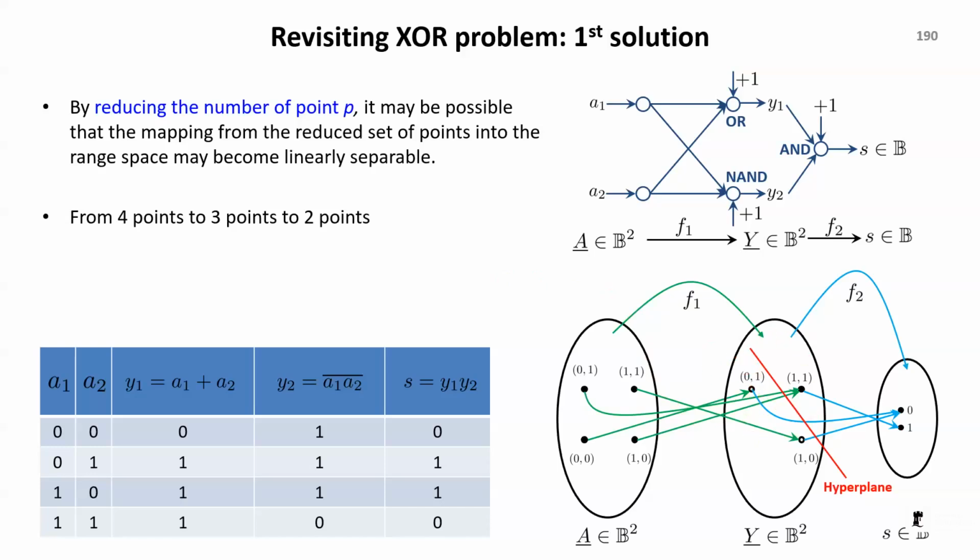And so a single neuron at the end can solve this problem now. They just need one single line. Again, multi-layer neural networks work by reducing the number of points, but the number of dimensions inside the hidden layer remains the same.